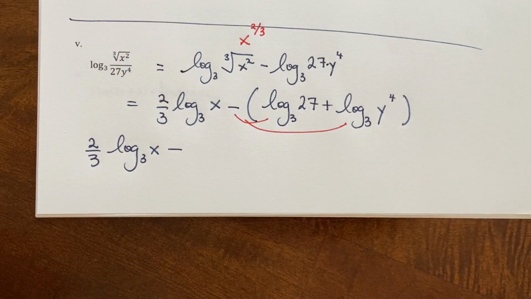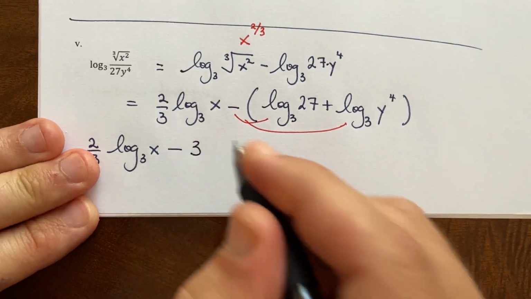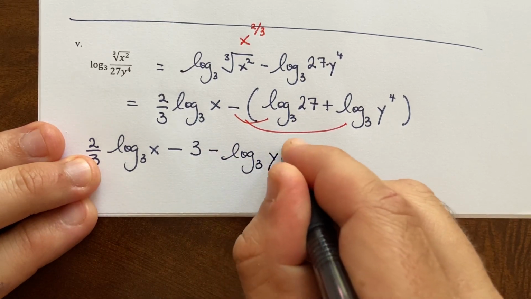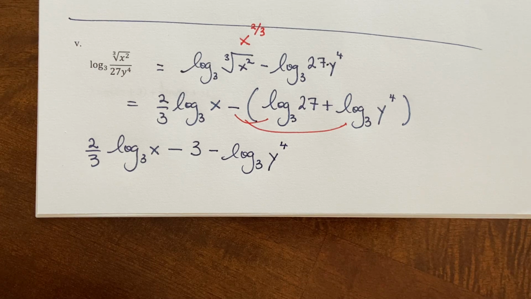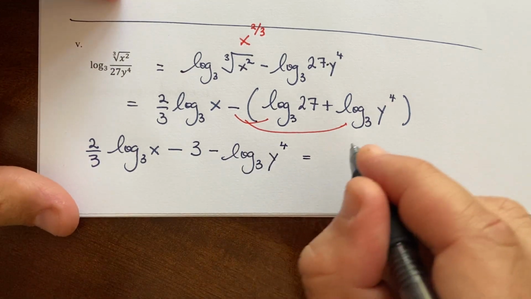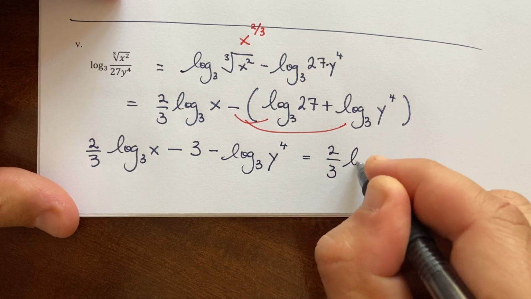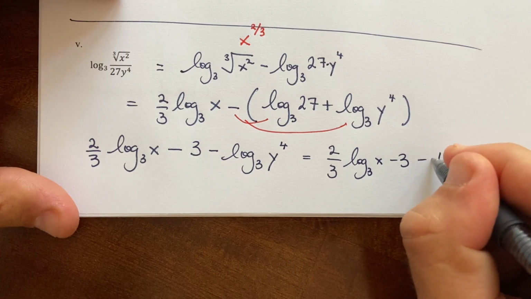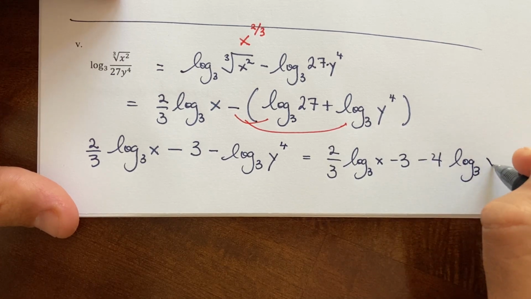So I'll just make that simplification. So minus 3, and then minus log base 3 of y to the fourth. And then just one more thing, I need to bring out that 4. So 2/3 log base 3 of x minus 3 minus 4 log base 3 of y.